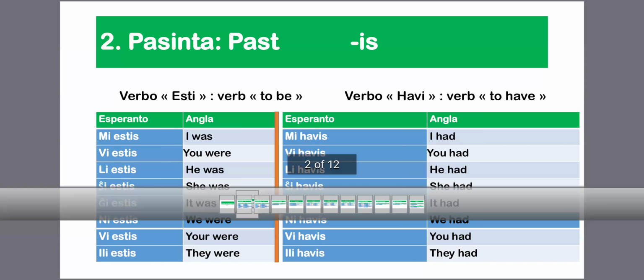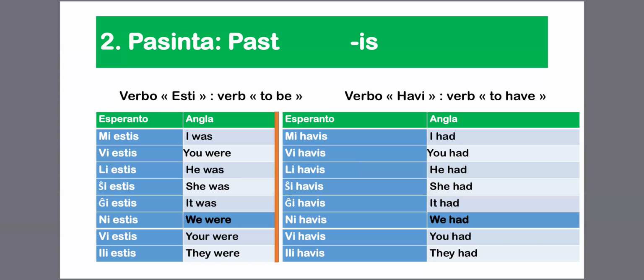Okay. So today I'm going to talk about the past. Last time we saw the present. What shows you that the sentence is going to be in present? So we have something we called finaĵo. Finaĵo is an Esperanto word which shows you a sign.